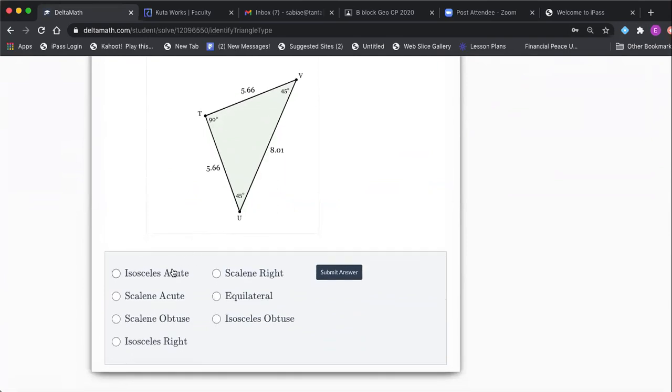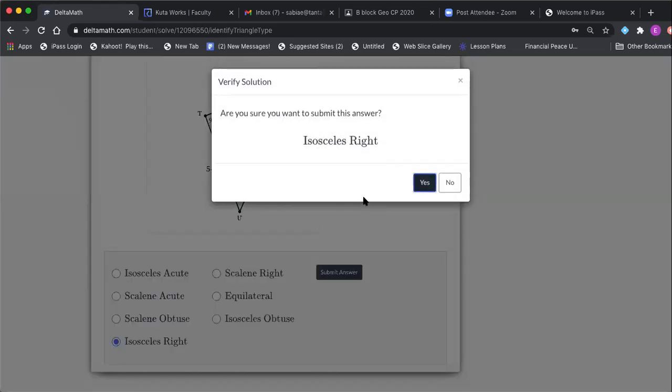So I can either choose isosceles acute, isosceles obtuse, or isosceles right. And then if you look at the angles, I do have a 90. So this one's just going to be an isosceles right. I'm sorry that they're not doing it as right isosceles. It should be the angle first and then the sides, but it doesn't really matter.